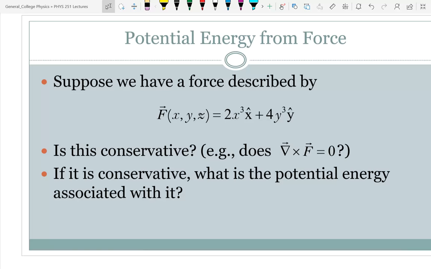That's 2x. So they're all zero, so it's conservative. And then you go on to the last part, which is finding potential energy.